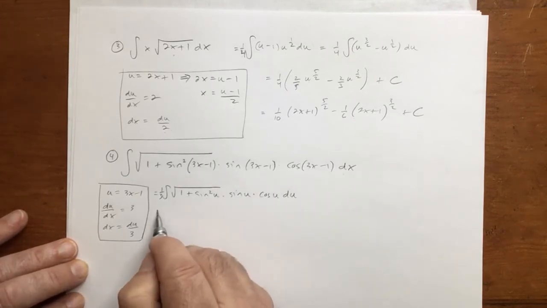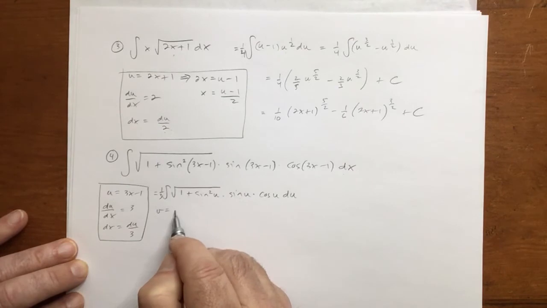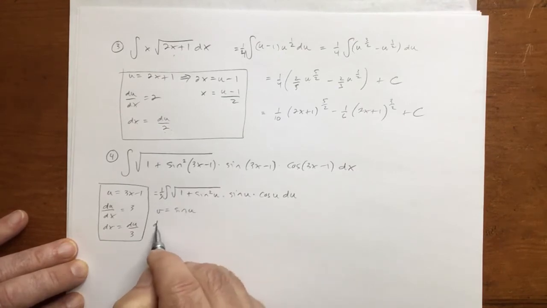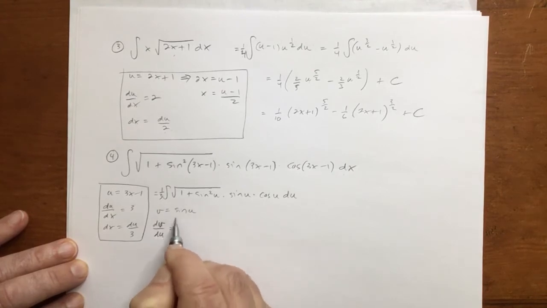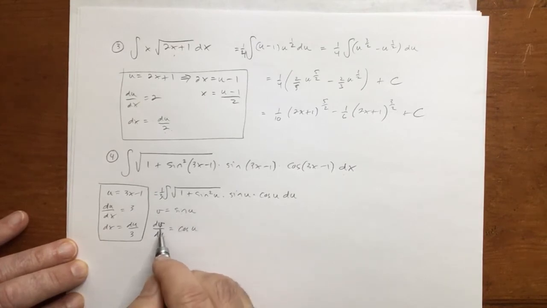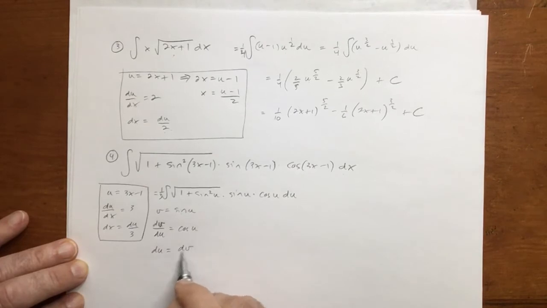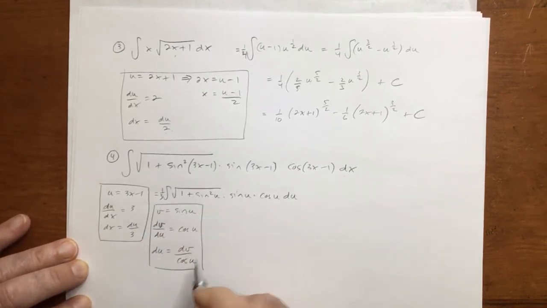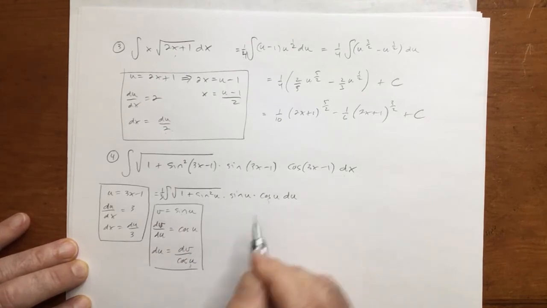So I'm going to say let v equal the sine. So then dv du, the derivative of sine is cosine, and then solving for du now, I get dv over cosine. And in doing that, we can see that that cosine right there will go away for us.